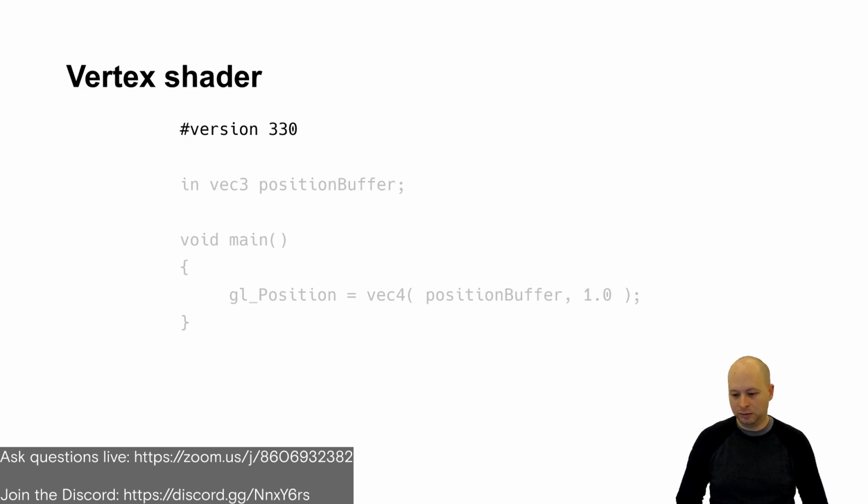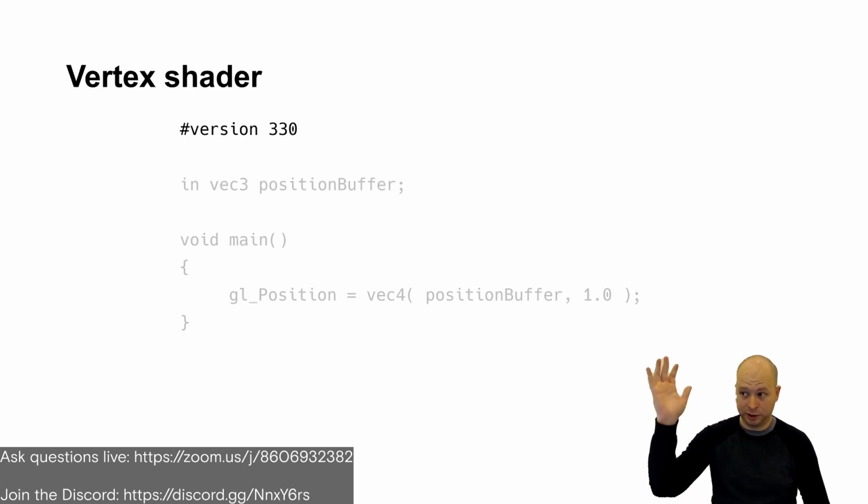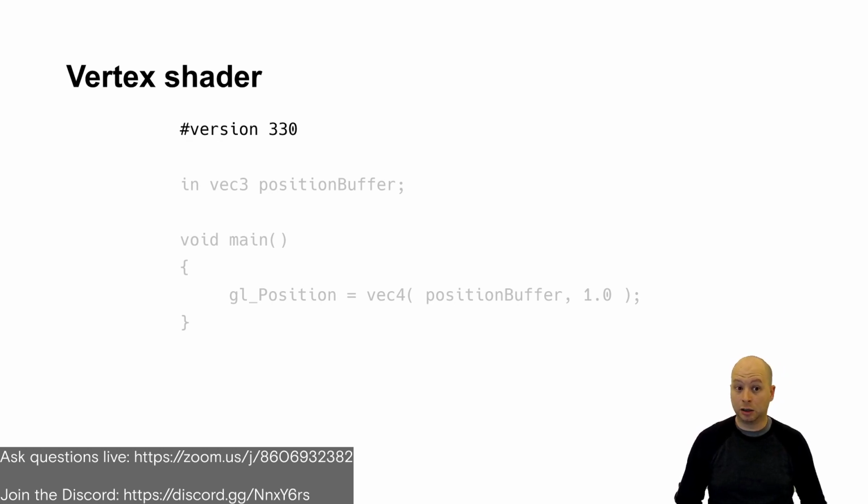More often than not this doesn't do much, but if you use a feature that is not supported in the version you mentioned, or you're asking to compile at a higher version than the computer you're running on supports, then sometimes you'll get an error, and the OpenGL application, the CPU side, can handle that error and maybe use a different shader. But for the most part, with most of the things you do, unless you're doing some pretty aggressive and unique things, this will usually work fine.